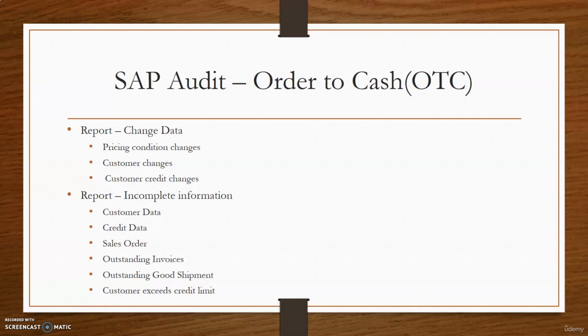Next is outstanding goods shipment. SAP contains numerous reports for monitoring the status of sales documents as they move through the delivery cycle. These reports should be reviewed frequently. Frequency can be weekly or potentially more frequent depending on the sensitivity that the customer may have.